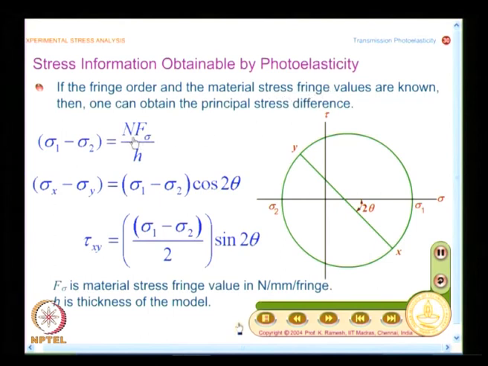Suppose I know n, theta and f sigma, I do not have to say I get only the difference in principal stresses; I can also find out the difference in normal stresses and the in-plane shear stress. So, in this class, we started by looking at how to understand the physics behind the simple Polaroid sheet.